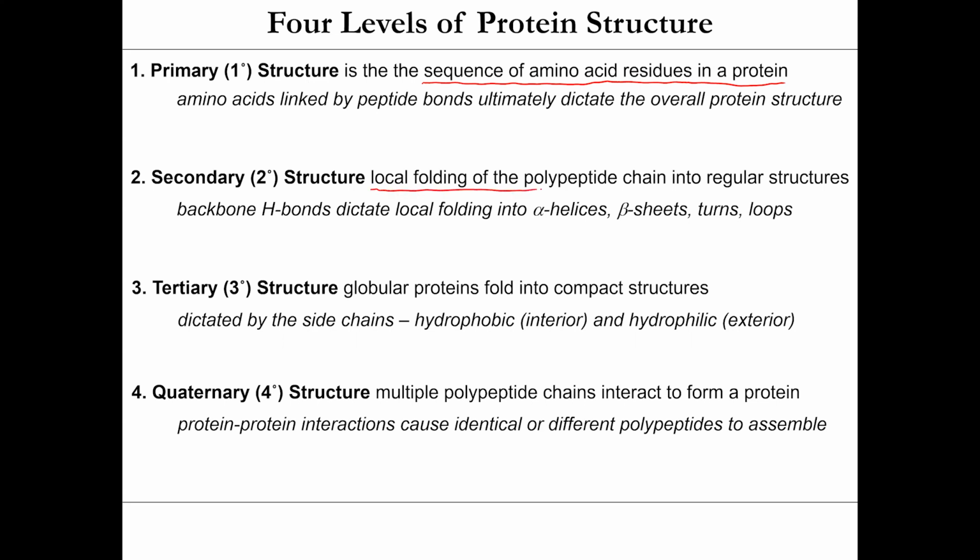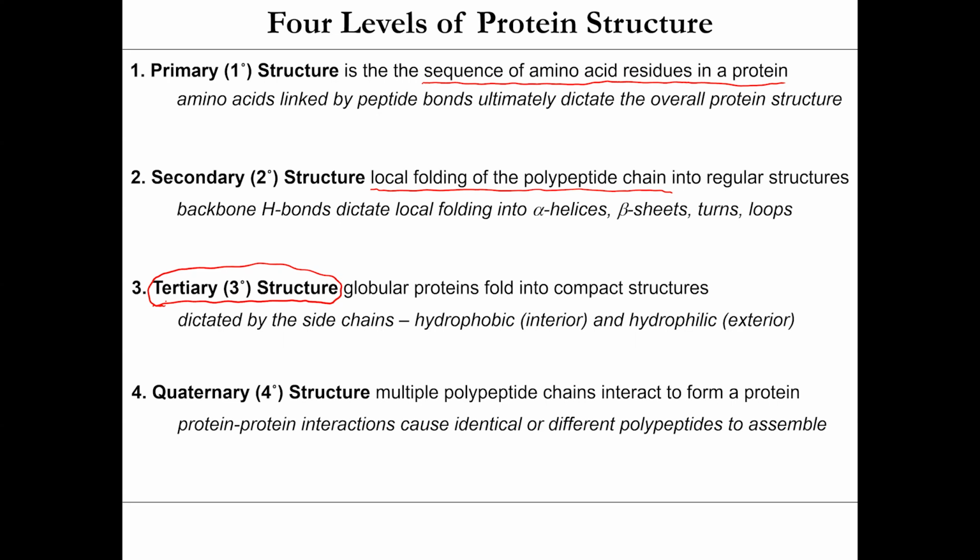Secondary structure is the local folding of that polypeptide chain into regular structures, alpha helices, beta sheets, turns, and loops, and that's dictated by hydrogen bonding on the protein backbone. So today we'll talk about tertiary structure, which is the globular folding of a protein into a compact structure.